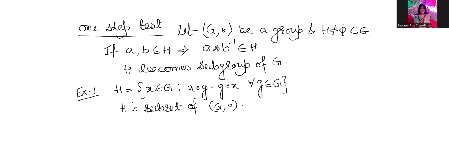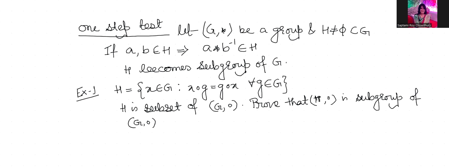Prove that H comma circle is a subgroup of G comma circle.